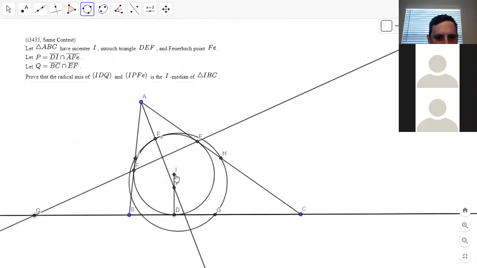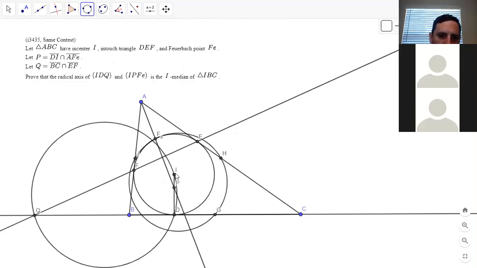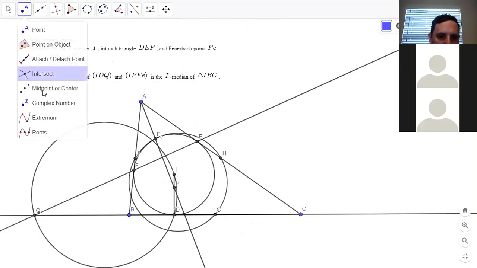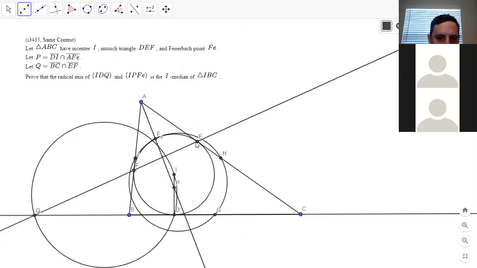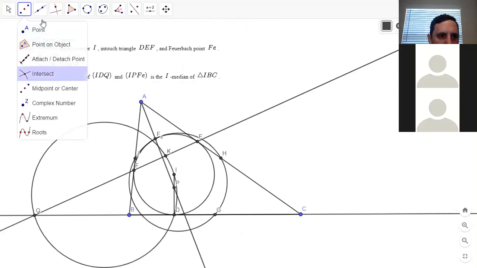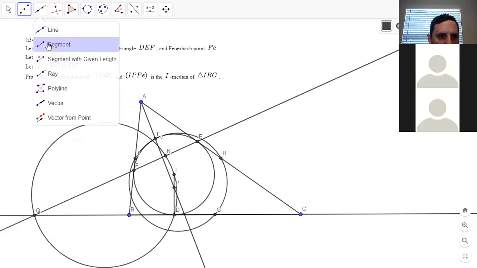Okay, never mind. Well, this will pass through the midpoint of EF, like we said in the last problem, right? And so maybe I could draw a line AKI, just a segment at least.